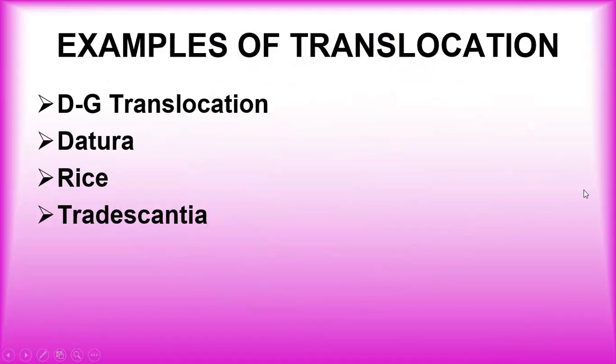We come to examples of translocation found in human beings, that is DG translocation.